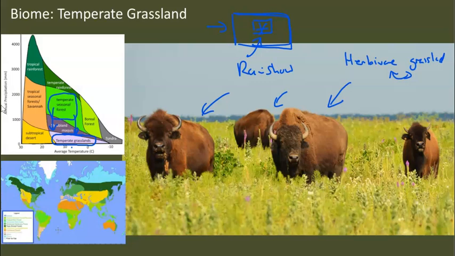So on our diagram, we have our temperate grasslands here, and these occur more or less in these areas here, not particularly clearly shown in this diagram.